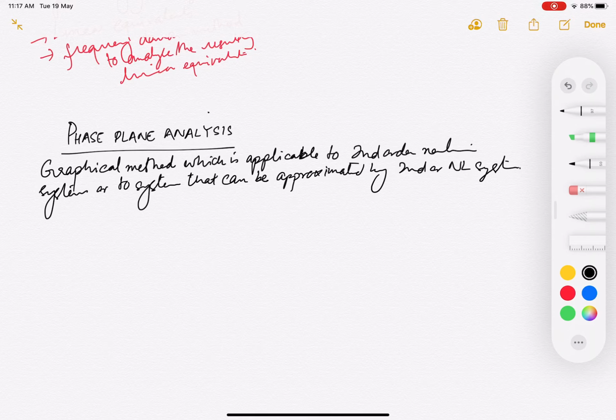So what would a second order nonlinear system look like? Let us first look at the formulation for a second order nonlinear system.